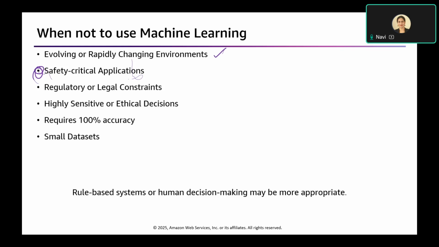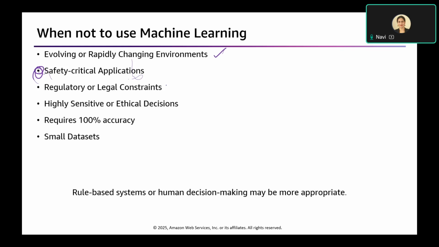It can be computationally intensive as well, and may not be able to make predictions quickly enough for applications that require real-time decision making. Or in highly regulated industries like finance and healthcare, there may be a need for interpretable models that can clearly explain the reasoning behind the decision.